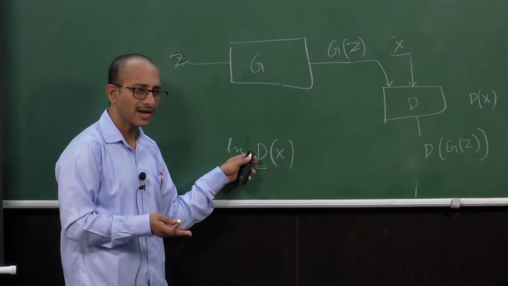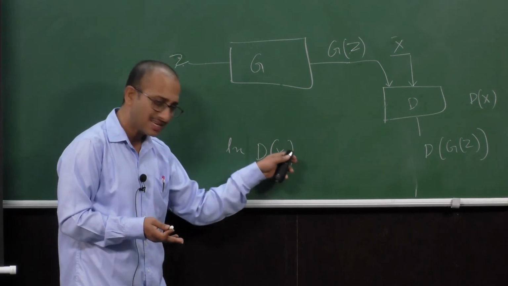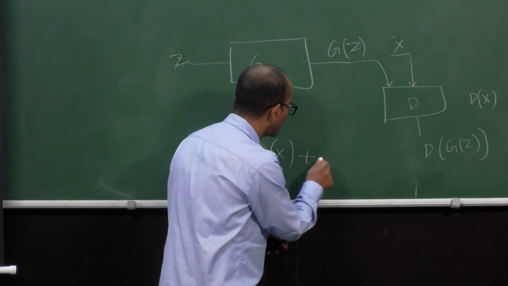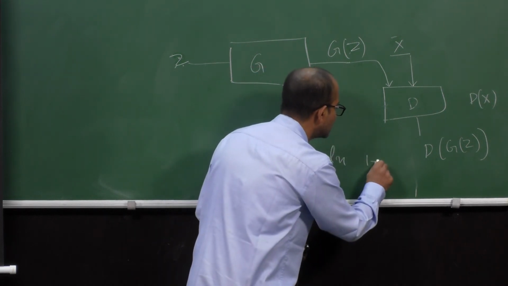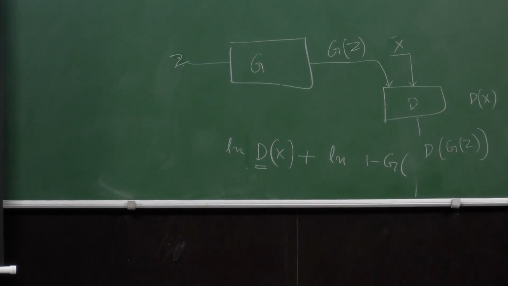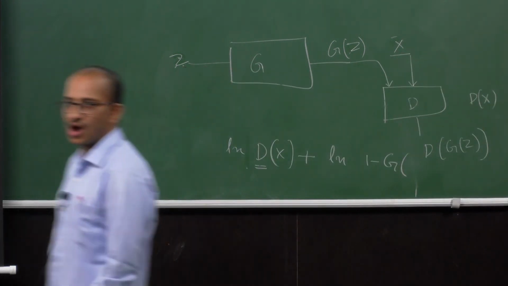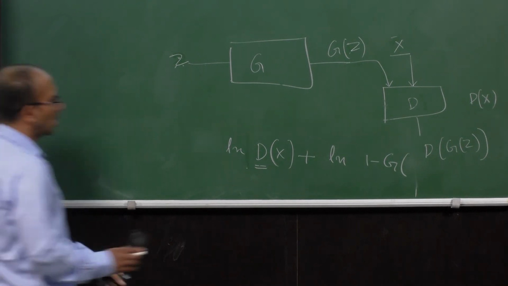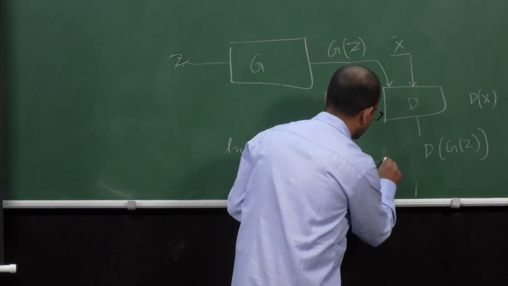Now what the discriminator function is trying to do is maximize D of X, the probability of X being a real sample, plus minimize the probability of D of G of Z. That means it wants to say that the generated sample is not correct. So 1 minus D of G of Z is maximized.